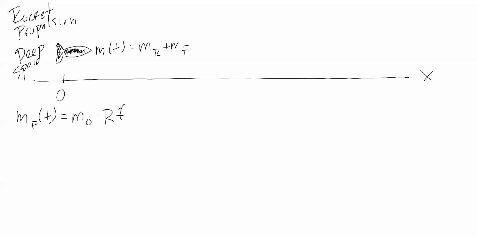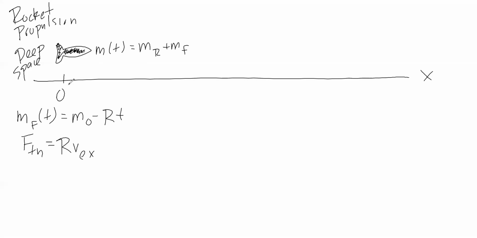The engineers just set everything, and you can actually relate the thrust force to the rate of fuel burn times the exhaust speed. Now, this exhaust speed is the speed that the gas is shot out of the rocket in the reference frame of the rocket.